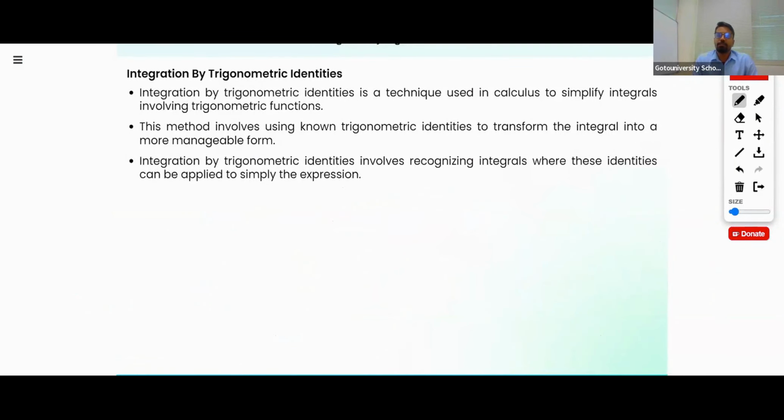Along with that, the triple angle formula: what is sine 3 theta? Sine 3 theta is 3 sine theta minus 4 sine cube theta. What is cos 3 theta? Cos 3 theta is 4 cos cube theta minus 3 cos theta. We also used this earlier, if you can recall. Okay, so this much is enough for now.